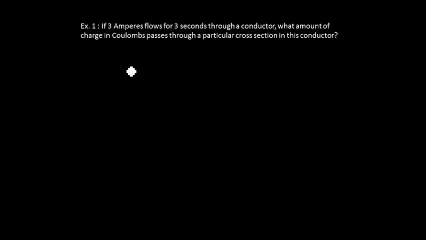So now let us look at one example. If 3 amperes current flows for 3 seconds through a conductor, what amount of charge in coulombs passes through a particular cross section in this conductor? Again, you can read this question. The question is very simple and we can use this simple formula for this. I is equal to dq upon dt.